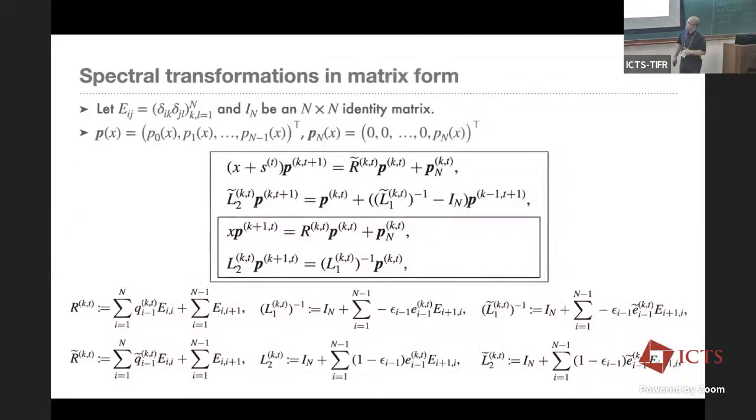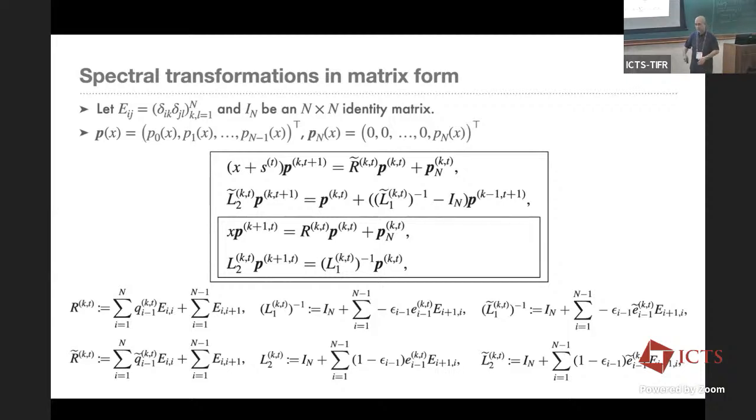So of course, we have already introduced this spectral transformation. In order to calculate the compatibility condition, we can express it by using a matrix expression. It's a bit tedious notation, but basically R, L1 inverse, or L1 tilde inverse, all of them are bidiagonal matrices.